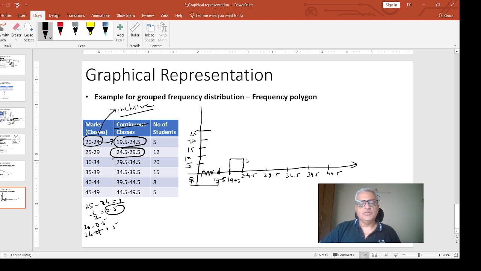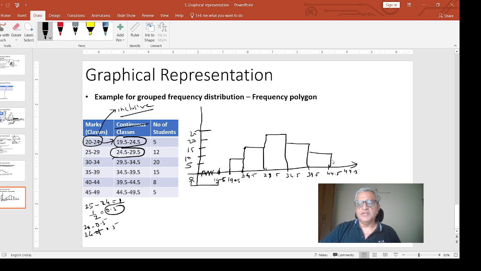Correct? Then 24.5 to 29.5 is 12. It will be somewhere here, right? So if I take it here, this is how it will be. This is 20, 29.5 to 34.5 is 15, and 39.5 to 44.5 is 8, and last 49.5 is 5 here.